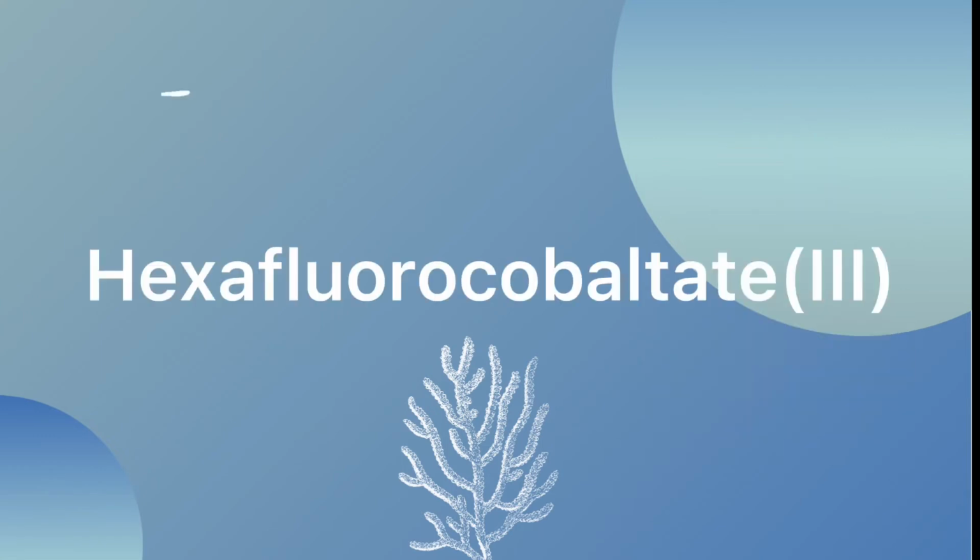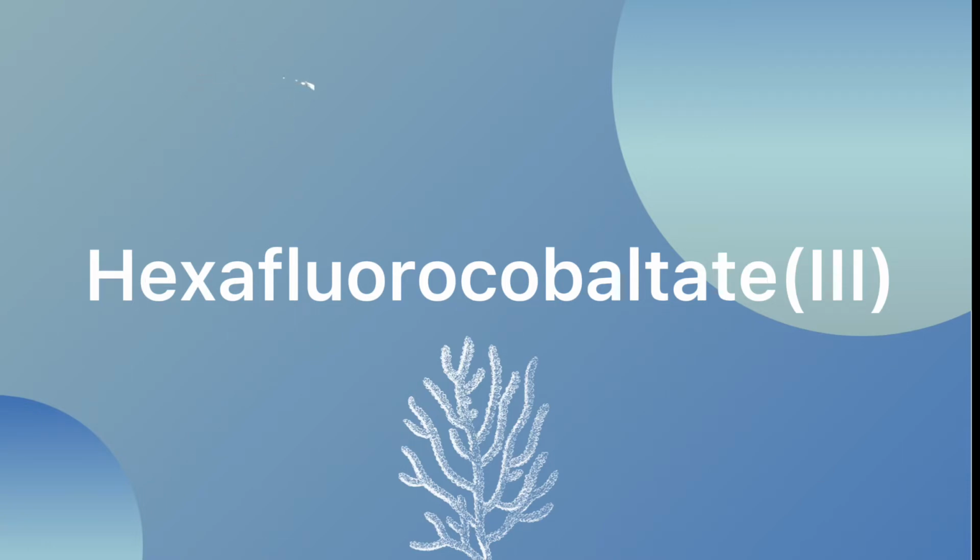In this complex, the anionic ligand is fluoro, the ending changing to O. Secondly, Greek prefixes are used to designate the number of each type of ligand in the complex ion: di, tri, and tetra. Hence, the ligand in this complex contains the Greek prefix hexa, meaning that it contains 6 ionic ligands. After naming the ligand, name the central metal.